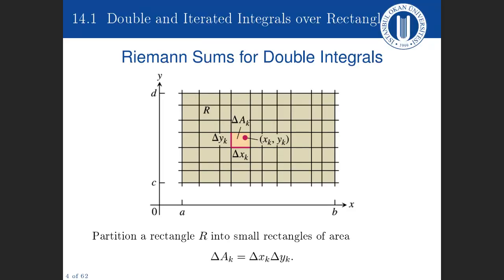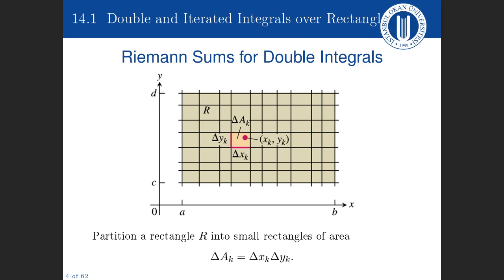Let's suppose we have a function of 2 variables, and let's suppose that the domain of our function, or at least the region that we want to integrate over, is a rectangle, where x is between a and b and y is between c and d. We need to partition this rectangle into smaller rectangles using some vertical lines and some horizontal lines.